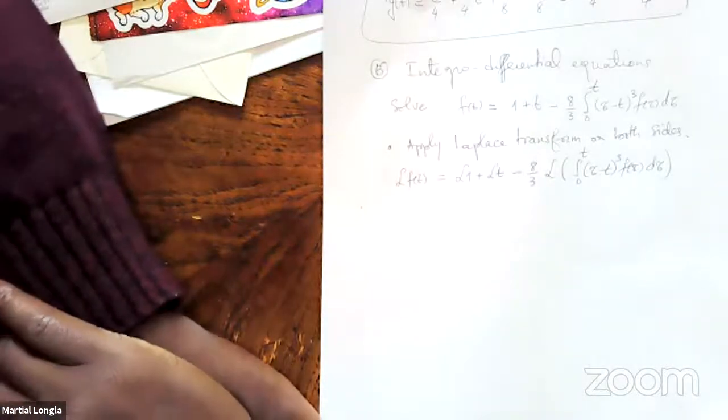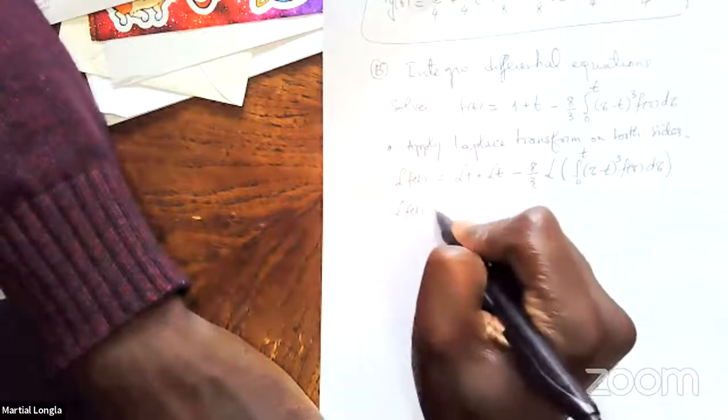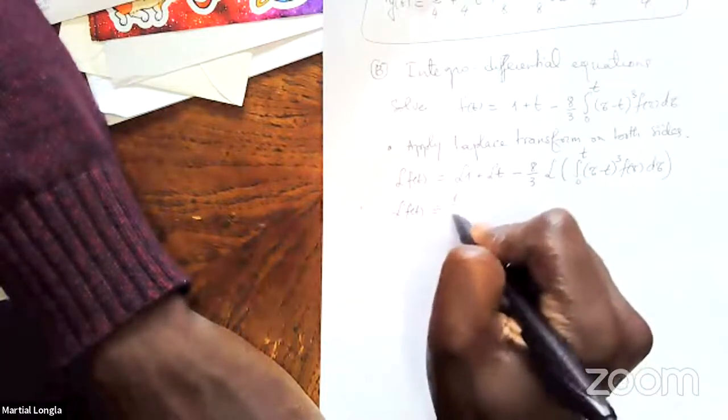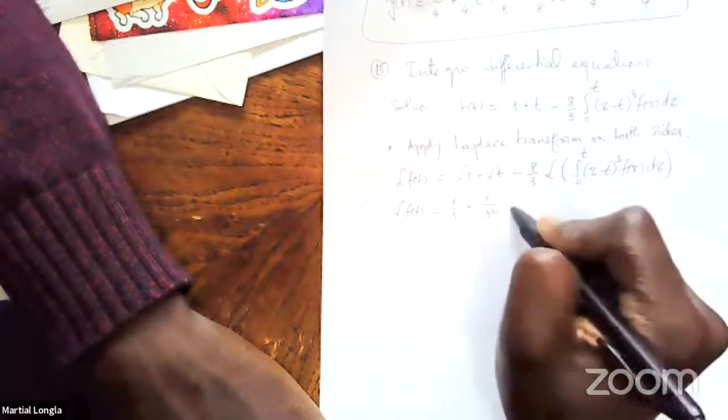And now this is Laplace transform of f of t equals Laplace transform of 1 is 1 over s. Laplace transform of t is 1 over s squared.